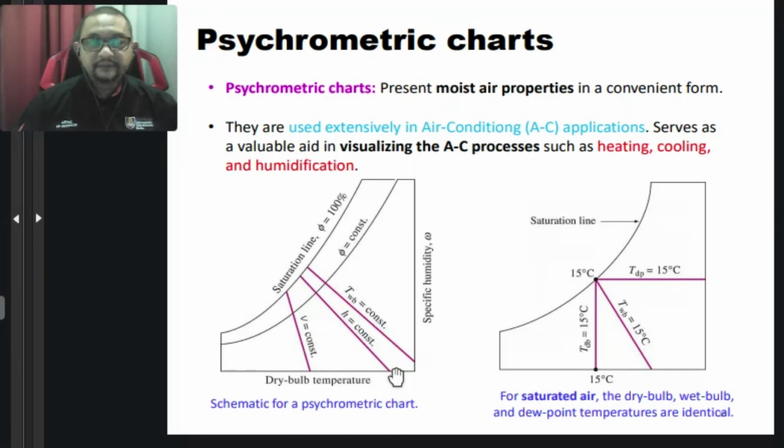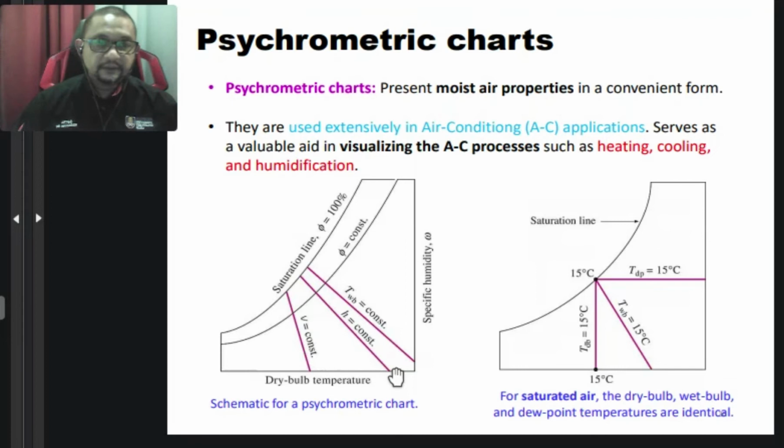All the saturated air states are located on this curve, so it is also the curve of 100% relative humidity. Other constant relative humidity curves have the same general shape.